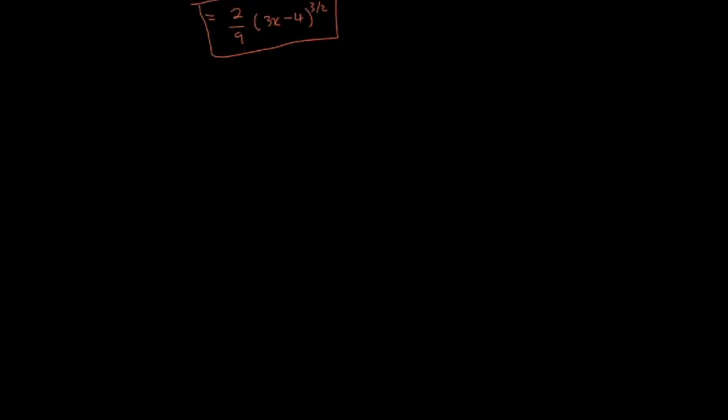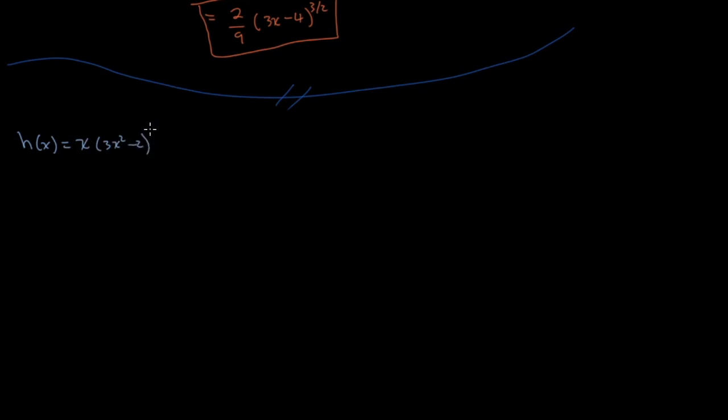Let's say we have a function called h at x, and h at x is equal to x times 3x squared minus 2 to the power of 3 over 2.